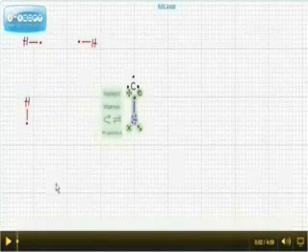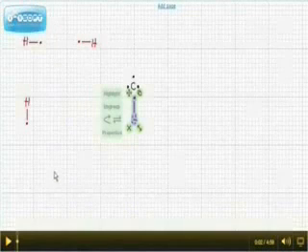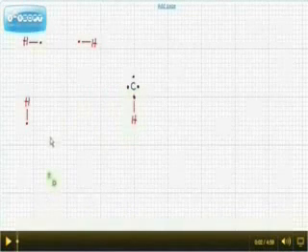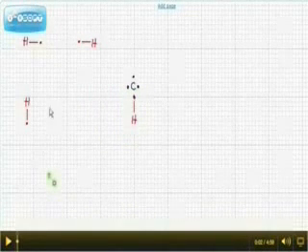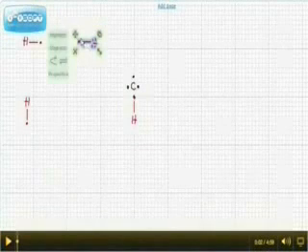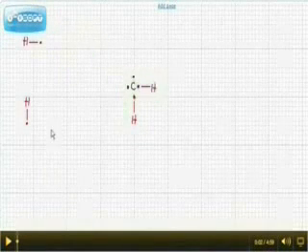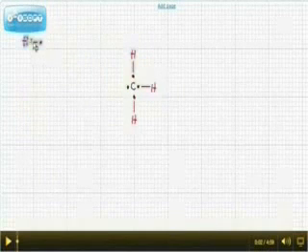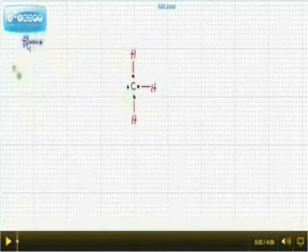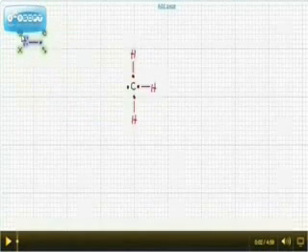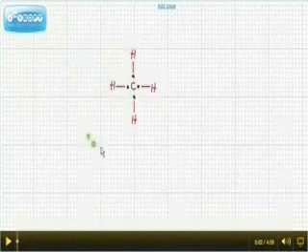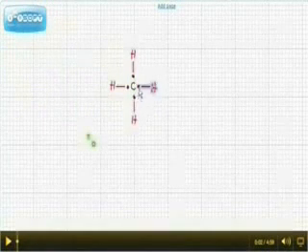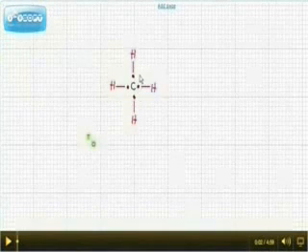Remember, chemical bonds always involve two valence electrons, and when two valence electrons come together, a bond is generally formed. This hydrogen is going to do the same thing here. This hydrogen is going to do the same thing here. This hydrogen is going to do the same thing here. And so now you have chemical bonds surrounding each valence electron of a carbon atom, and this makes up the molecule methane.